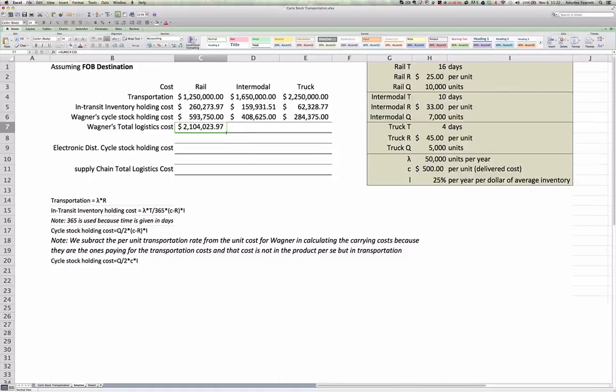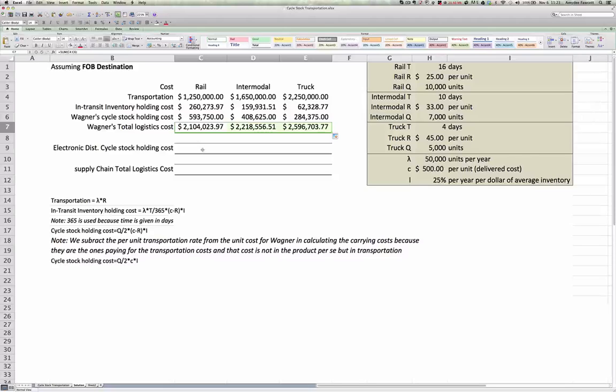In other words, the cost advantage of rail makes it very attractive to Wagner to use rail than any other mode, even though in-transit and cycle stock inventory holding costs will be higher. And this, of course, is relevant because it's Wagner that pays the transportation costs because we are shipping FOB destination. So clearly, if Wagner were to choose, they would go for, not surprisingly, the cheapest transportation option, since they have to pay for it, which of course would be rail.